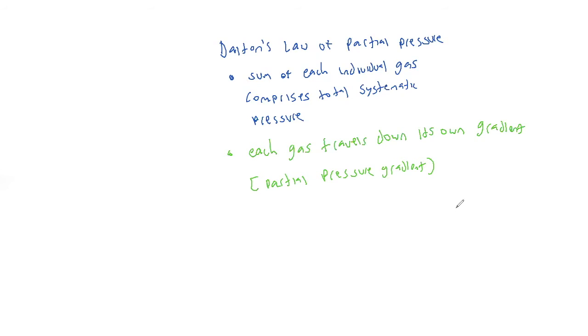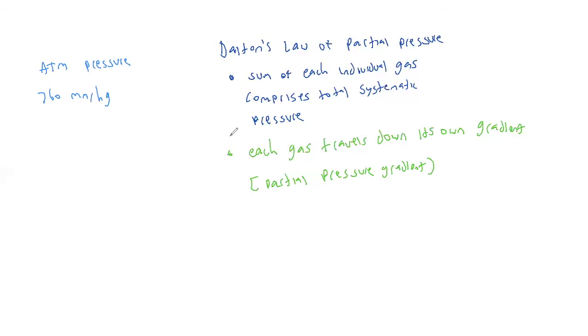Okay, so Dalton's law of partial pressure: the sum of each individual gas comprises total systematic pressure, and each gas travels down its own gradient. So our baseline is going to be atmospheric pressure. I'll abbreviate it ATM, atmospheric pressure. At sea level, the pressure is about 760 millimeters of mercury. However, the vast majority of that is going to be nitrogen. We don't even count nitrogen.